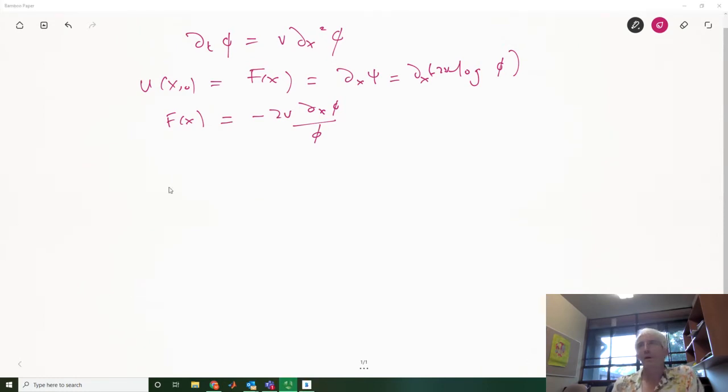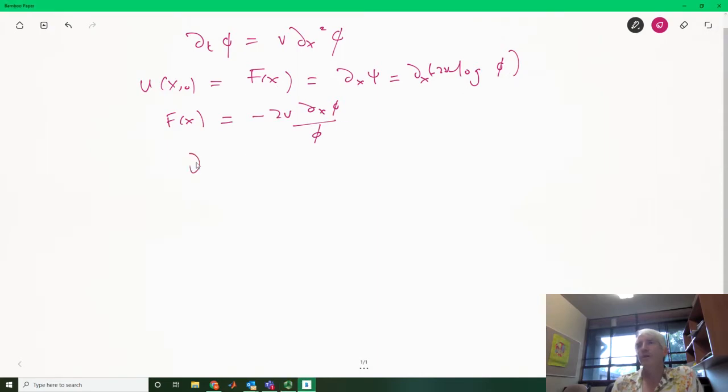phi. Alright, so it's easiest to solve this by integration here, because we've got to solve this equation for phi. So we've got d by dx of minus 2 nu log of phi is equal to f of x.